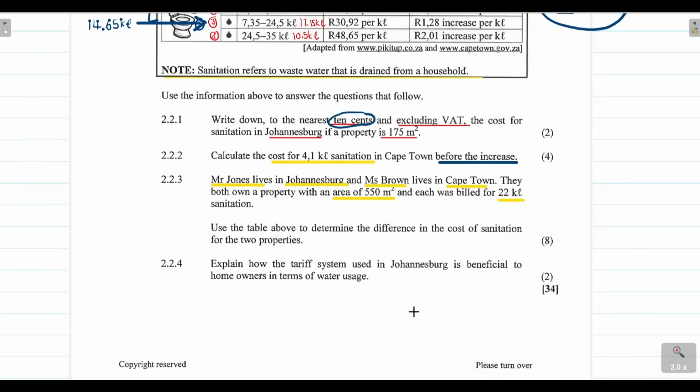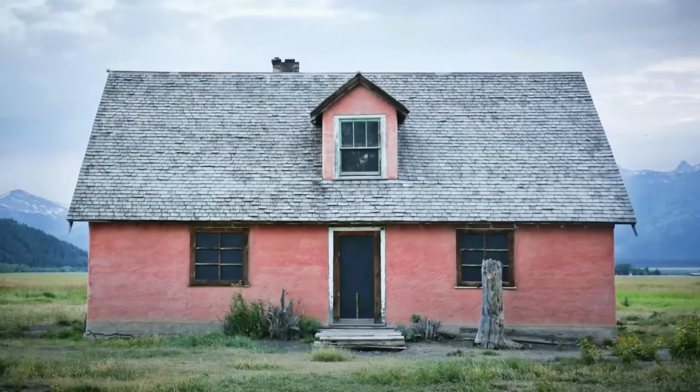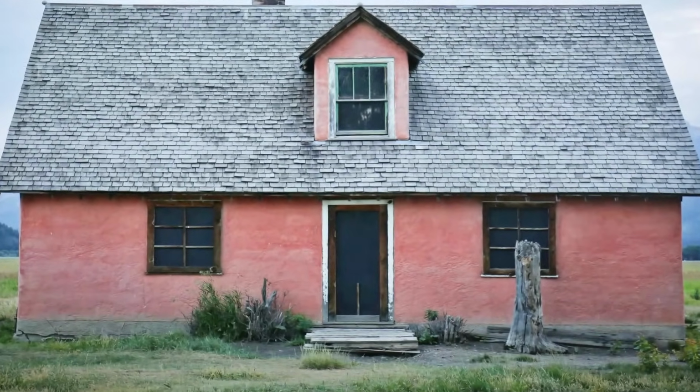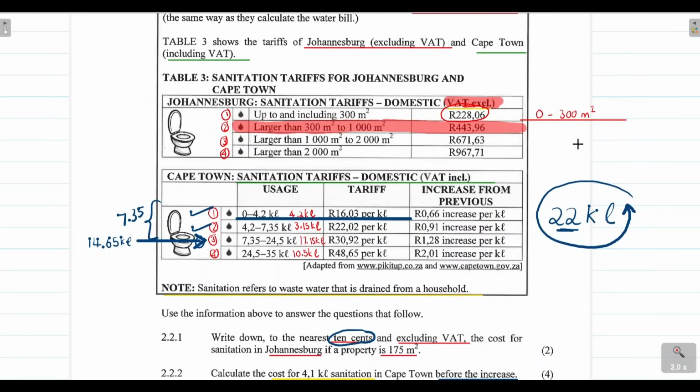What we see is that if you stay in Johannesburg, no matter how much water drainage you use, if you stay in a property that is between 0 to 300 meters squared, you will just pay 228.06 cents. You can use 1,000 kiloliters of water. Just because you stay in a small property, you will just pay 228.06 cents.